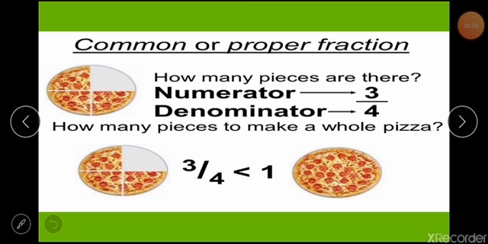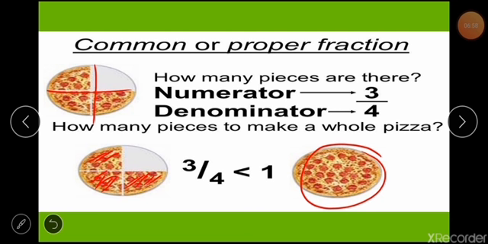As you can see here, I am taking an example of a common or proper fraction. Students, look here, I am taking a pizza and I am dividing this pizza into 4 equal parts. And I am taking 3 slices of pizza.